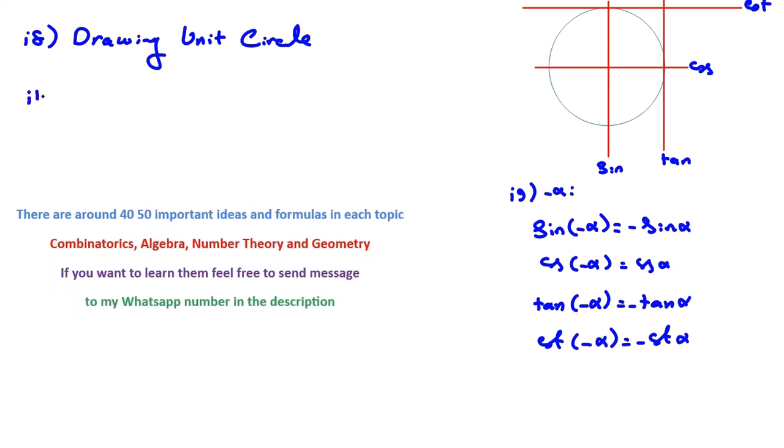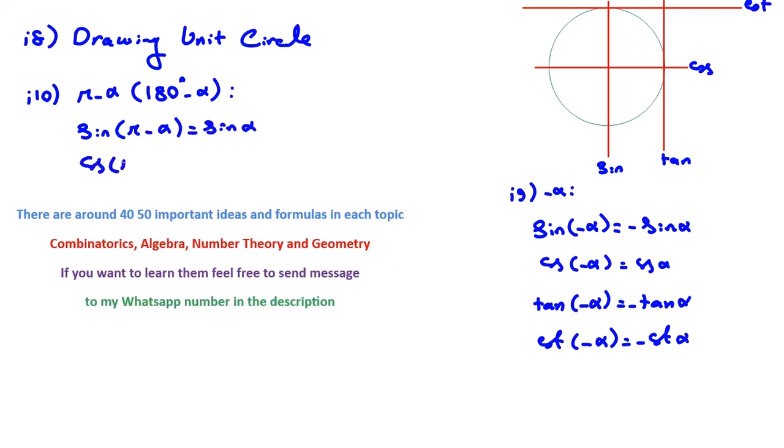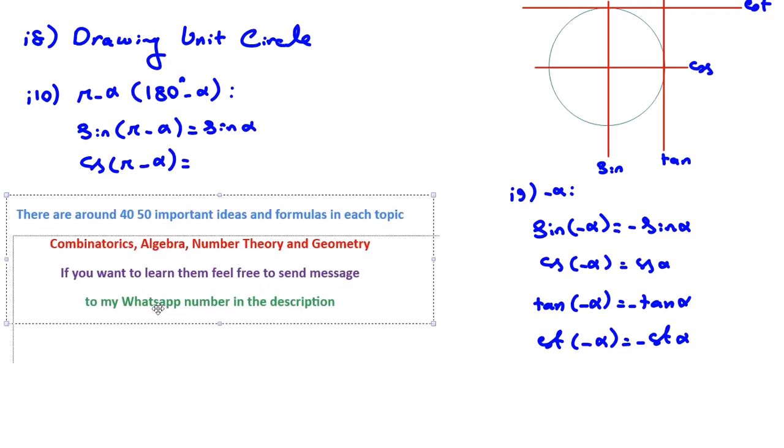let's write idea 10 here. For pi minus alpha or 180 degrees minus alpha, we can say sine of pi minus alpha equals sine alpha, cosine of pi minus alpha, especially when you want to use the cosine law in, for example, a geometry problem, it is so much useful.